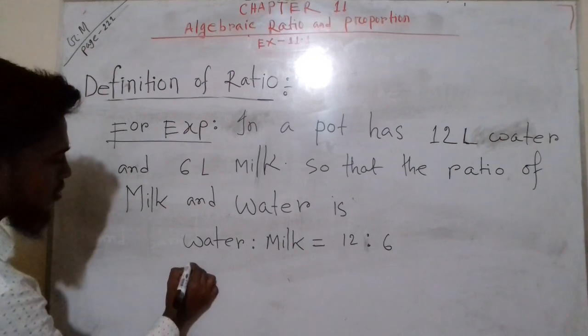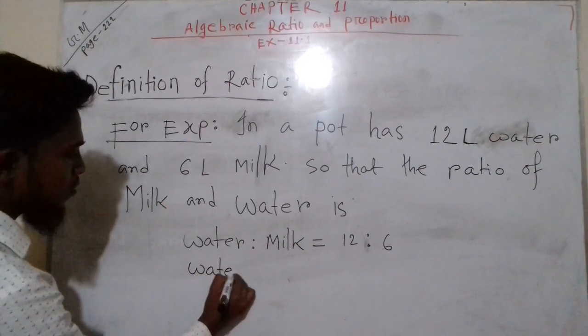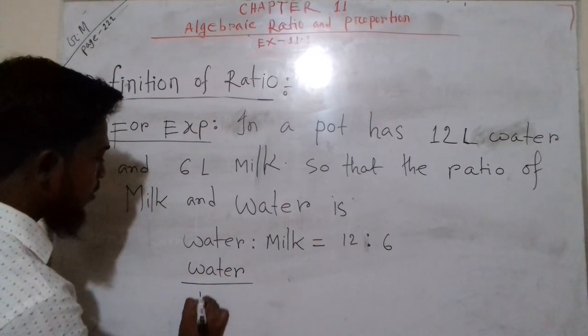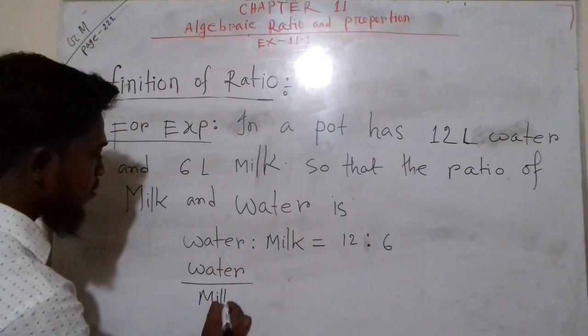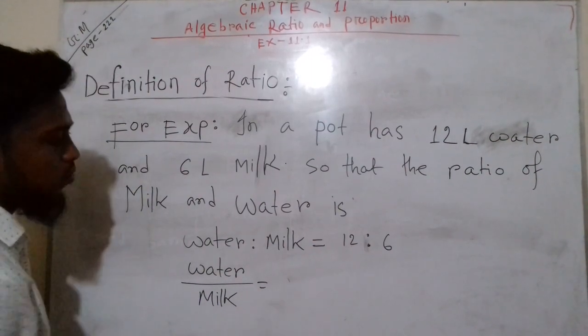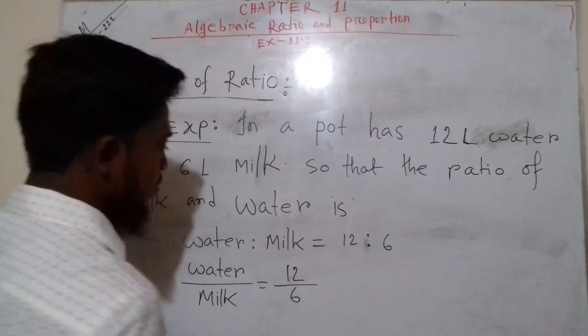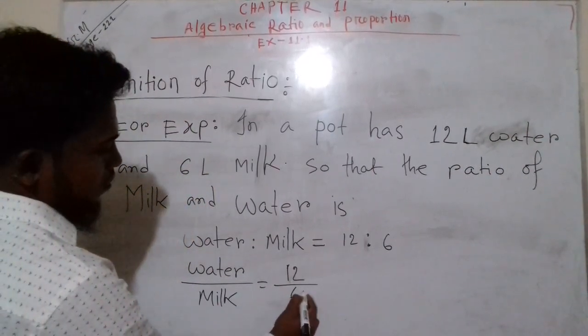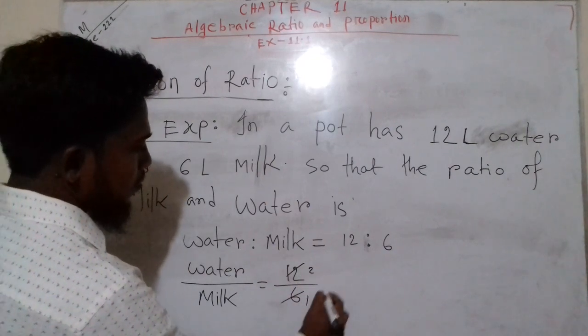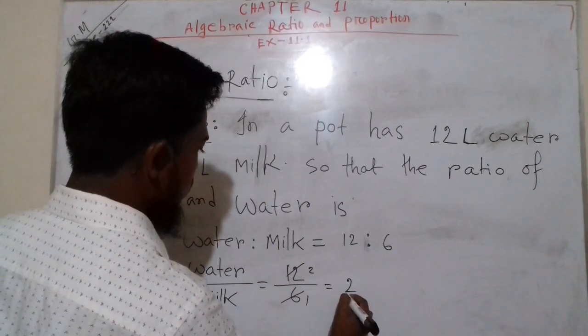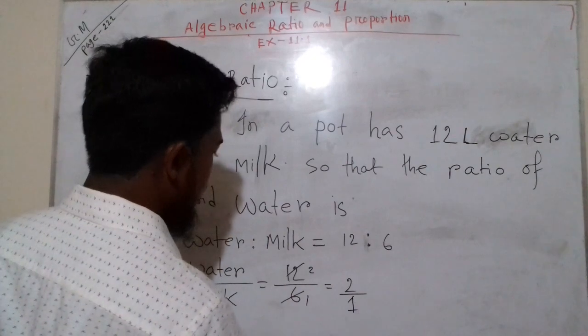So we can write water by milk equal to 12 divided by 6, which equals 2 divided by 1.